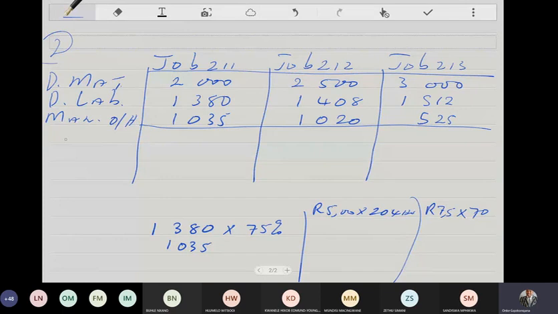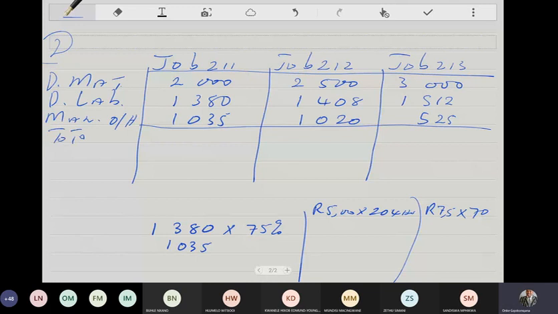So let's work out our total cost. For job 211, we've got 4,415. For job 212, on my side I've got 4,928.